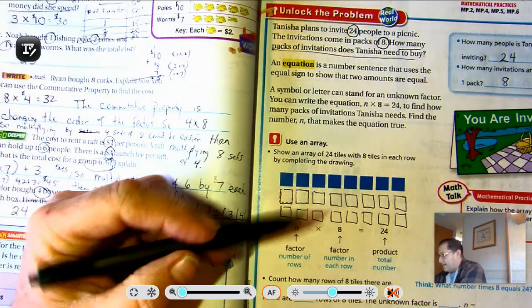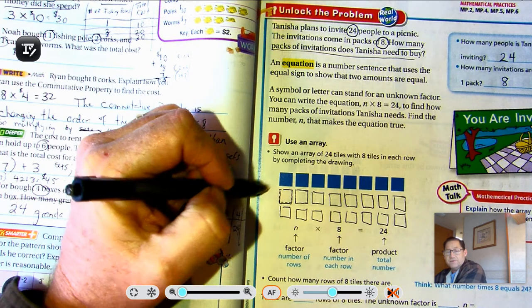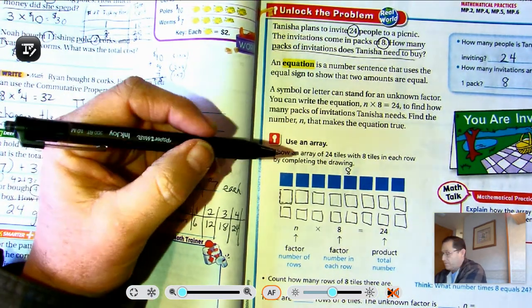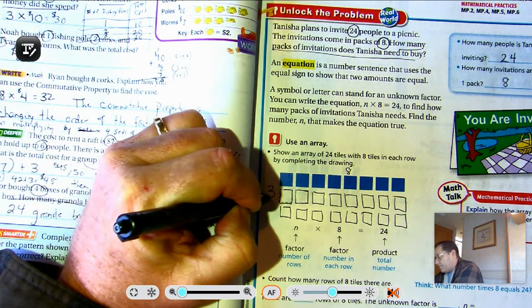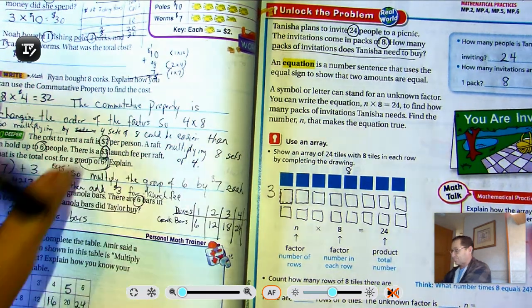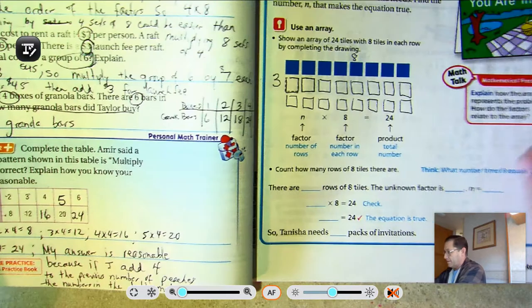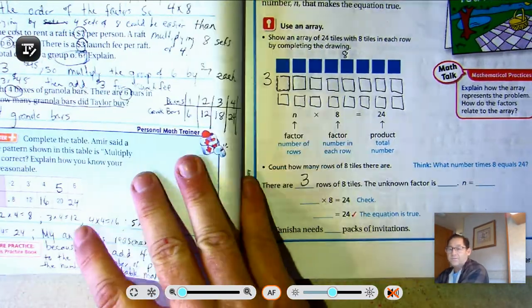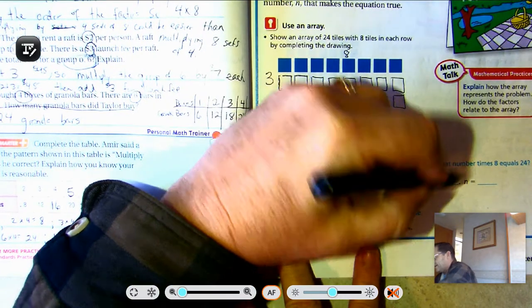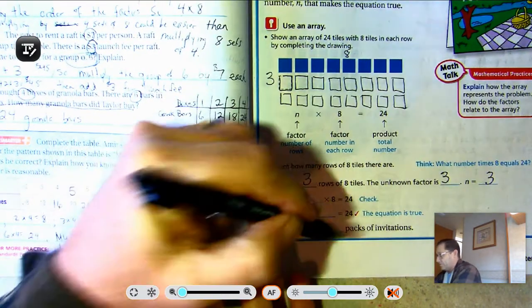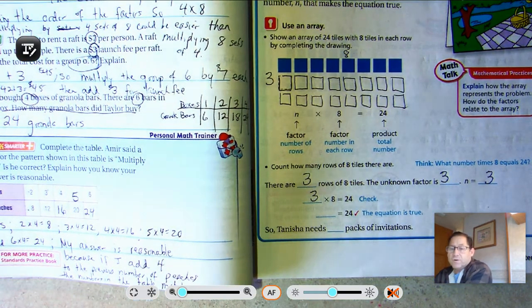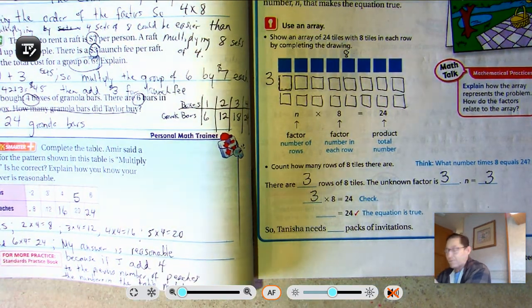So the unknown factor is represented by the number of rows because we have 8 in each row and we have 3 rows of 8. So since there are 3 rows of 8 tiles, the unknown factor is 3. N equals 3. 3 times 8 does equal 24, so the answer checks.